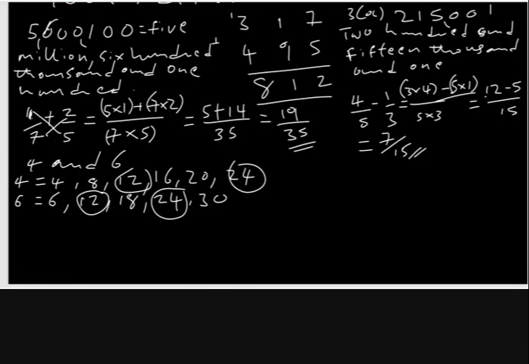Those are the common multiples. So therefore the LCM, the least common multiple, the smallest among the common multiples, is 12. That's the lowest common multiple, LCM. So the LCM is equal to 12.